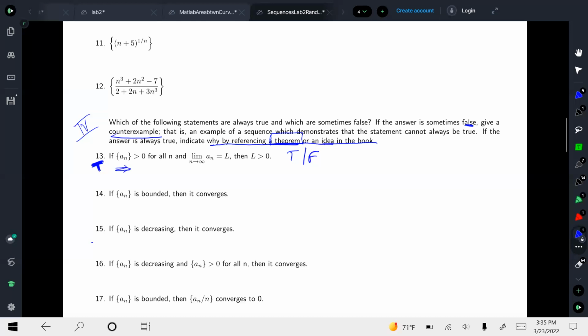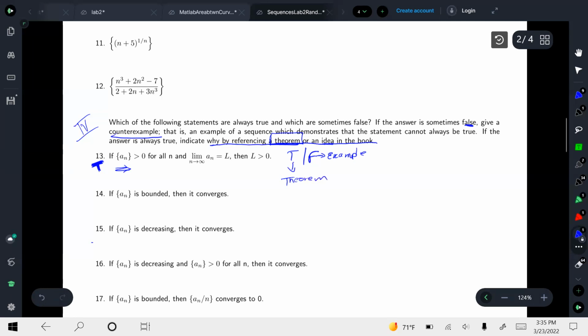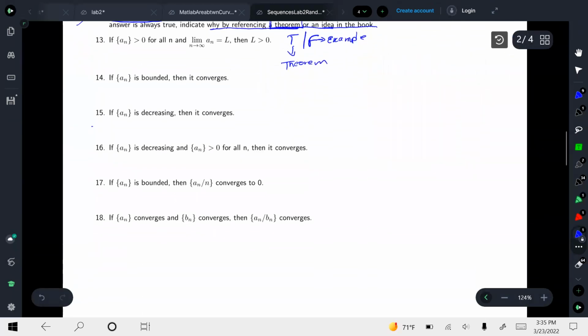If it is false, then you need to give an example. If it is true, you need to mention the theorem. P for theorem. Remember it that way. Or even if you read this, you will get to know. So that is the last type of problem.